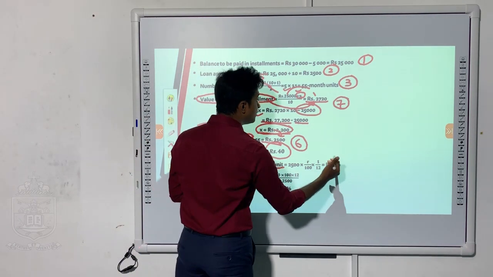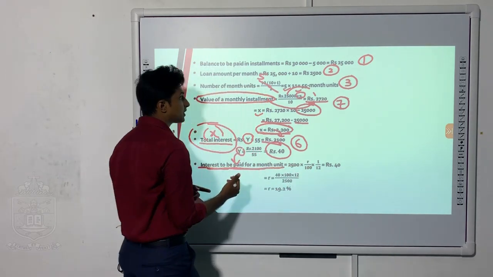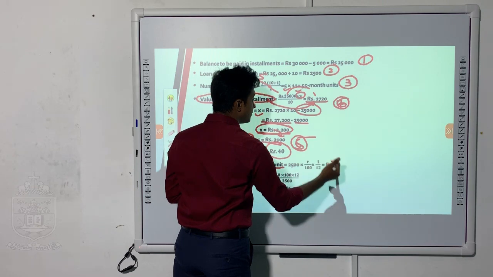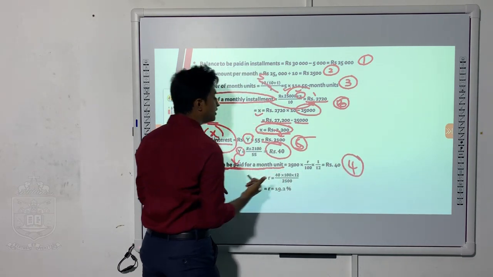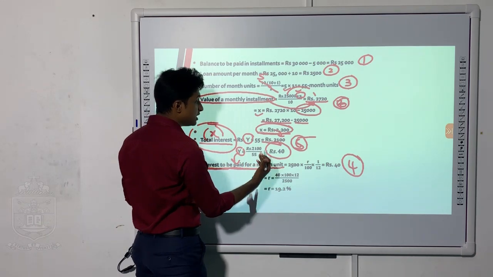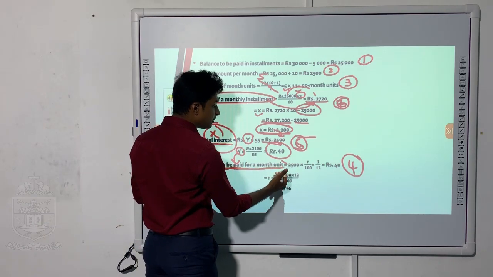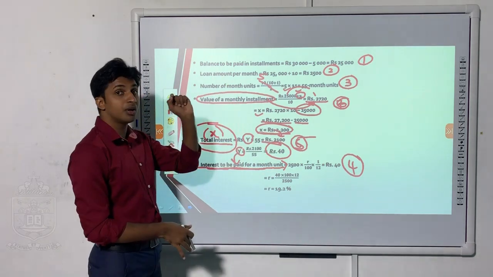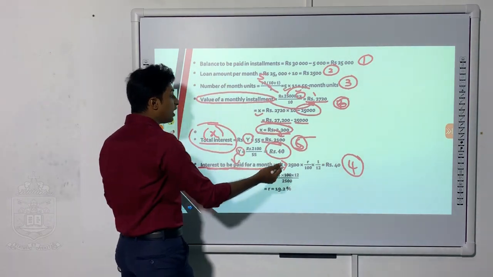Now I am going to come to the final step, right? This is the 6th step, this is the 5th step, and this is going to be the 4th step, the final one. So now interest paid for a month unit is equal to, this is the formula, 2,500, the loan amount per month, into r over 100.